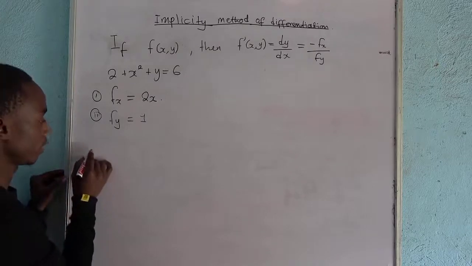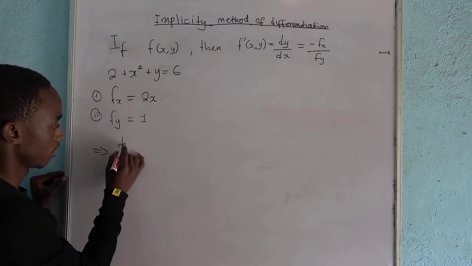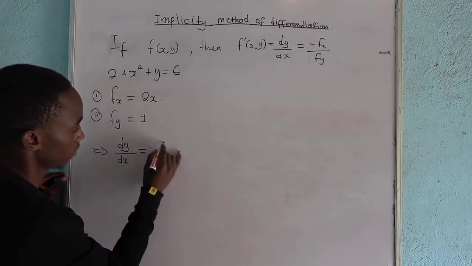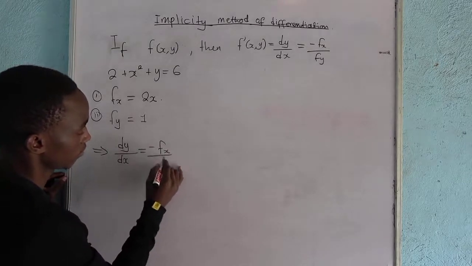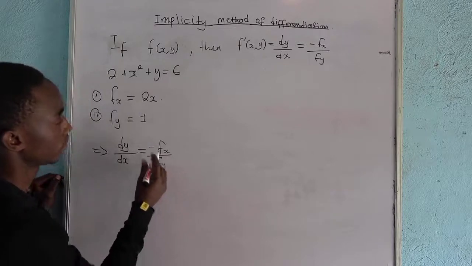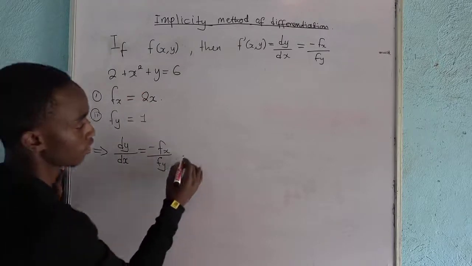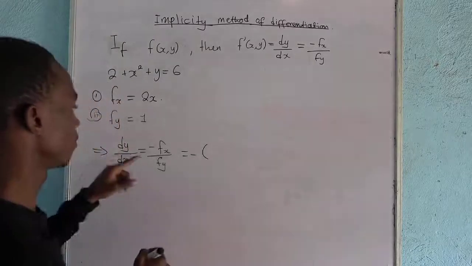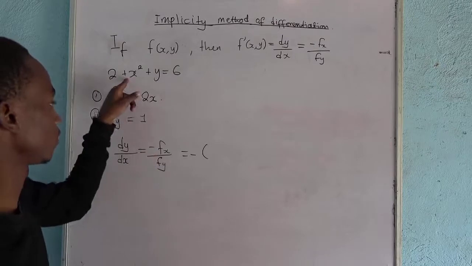So from here we can then say that dy/dx is given by the negative partial derivative of this function with respect to x, divided by the partial derivative of the same function with respect to y. So this is actually equal to negative of, what is the partial derivative of this function with respect to x?